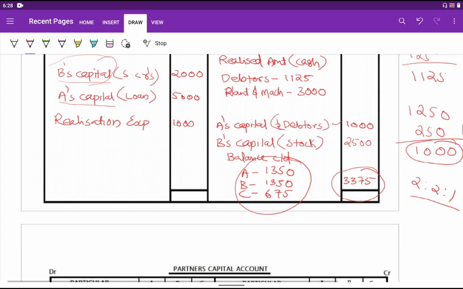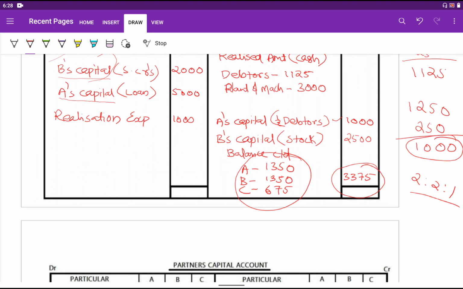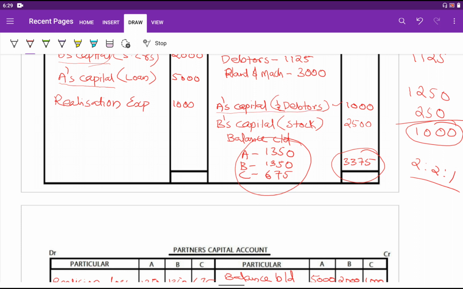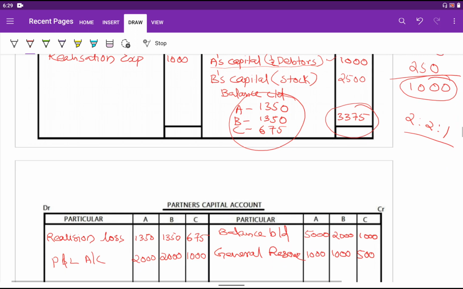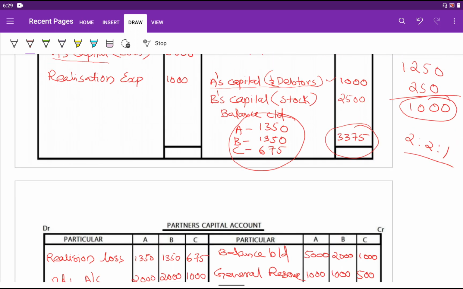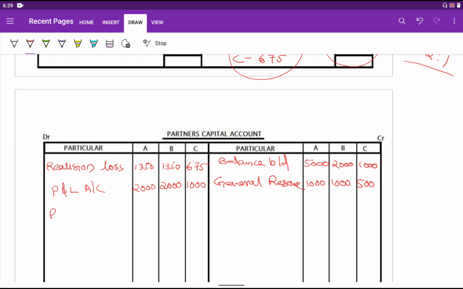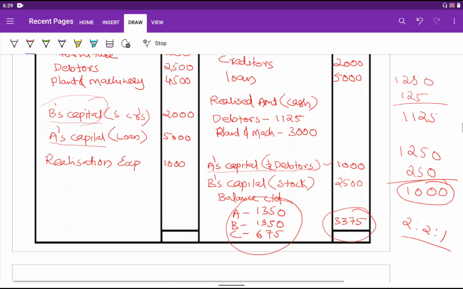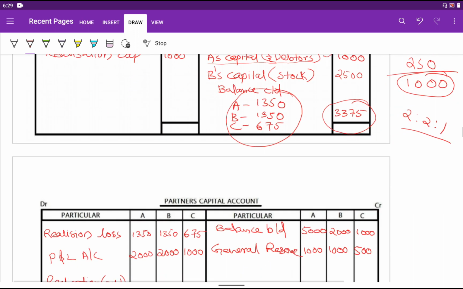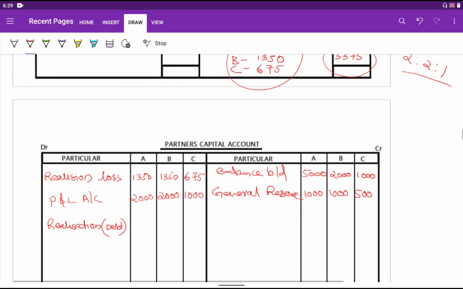So on the debit side, debtors is coming, right? 1000. So you can write on the debit side of his column, from realization, debtors. It is coming for A, so 1000 rupees.